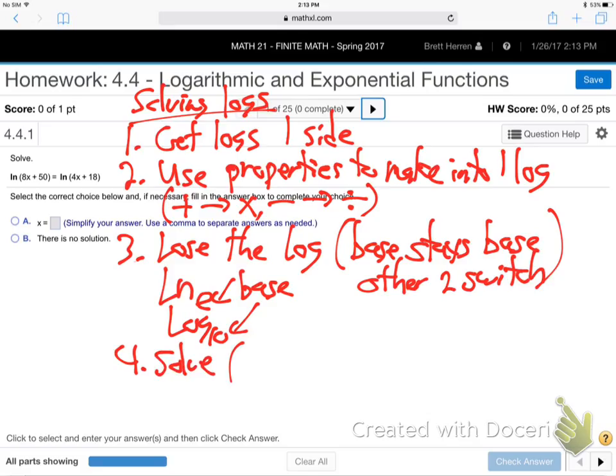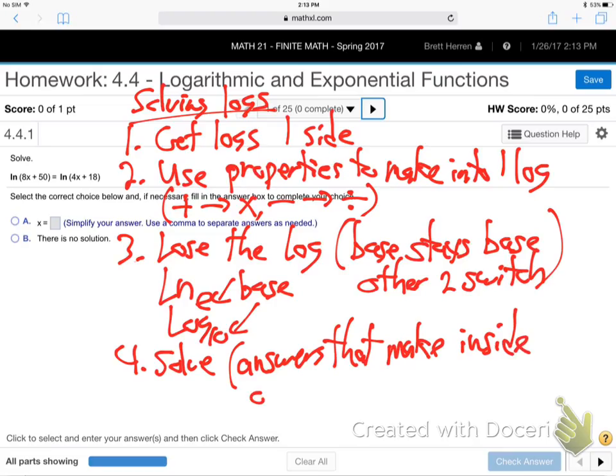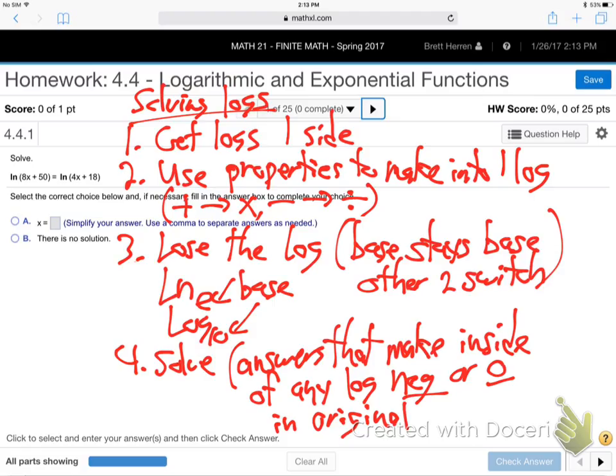Solve it from there, and answers that make the inside of any log negative or 0 in the original, discard.